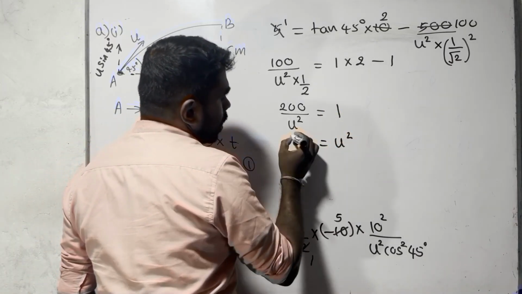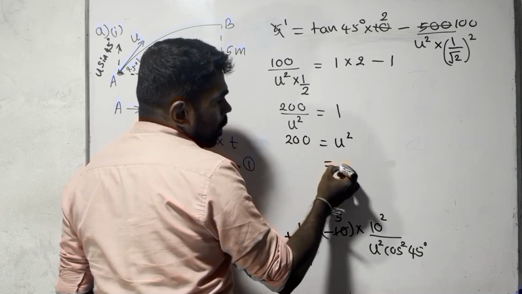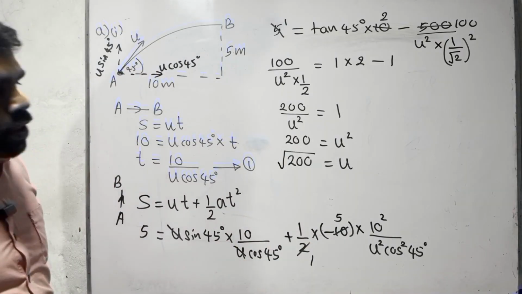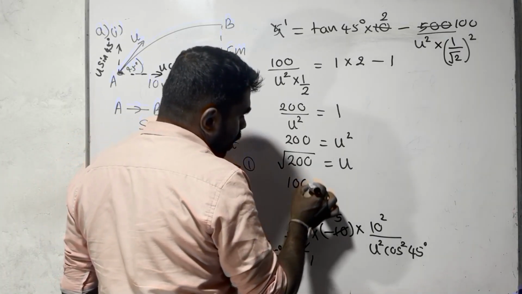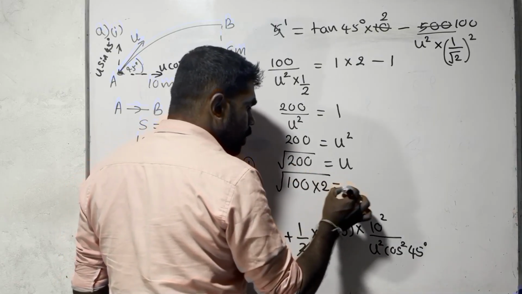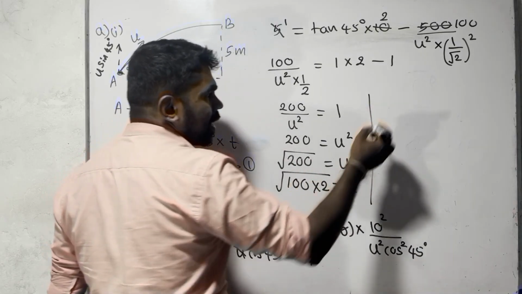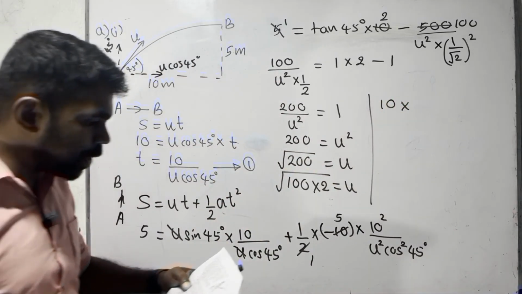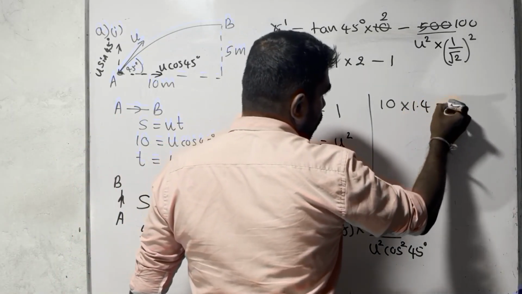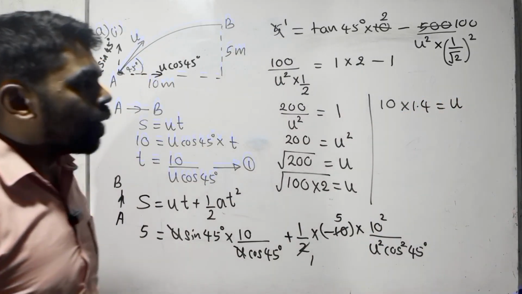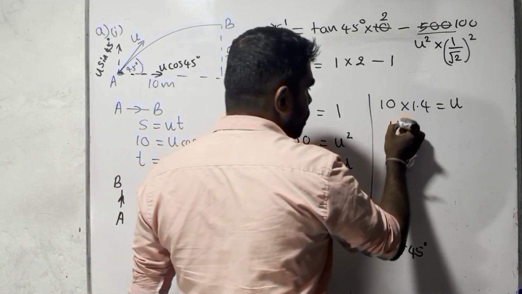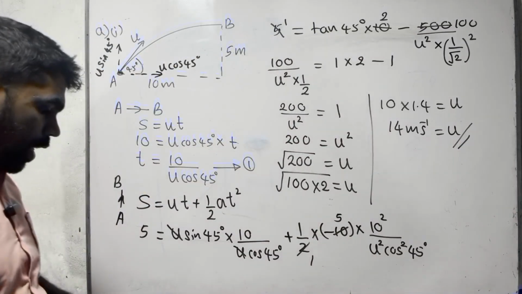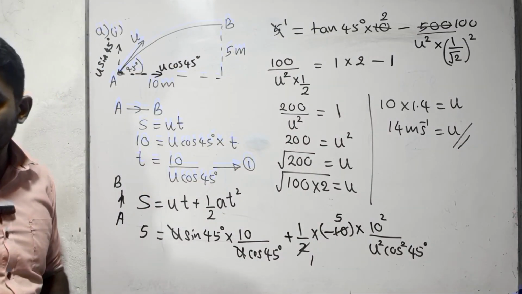Then u squared is 200. The u value is the square root of 200. We can write it as 100 into 2 root. We know that the square root of 100 is 10. The root 2 value is given in the question, 1.4. Then the u value is 10 into 1.4, it is 14 meters per second. It is the initial velocity of the corresponding projectile motion.